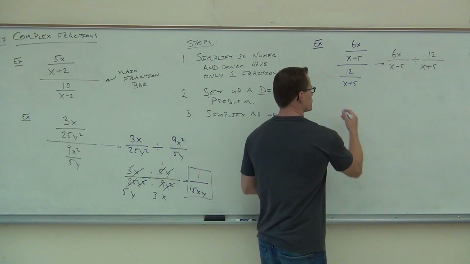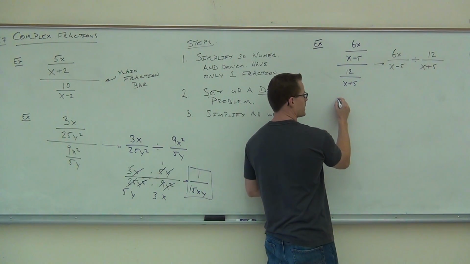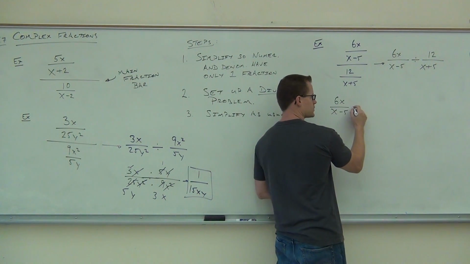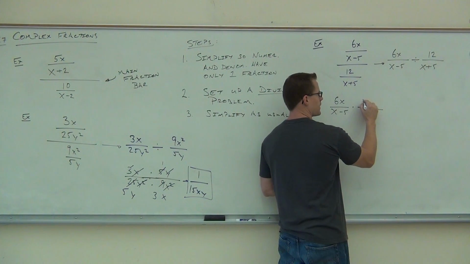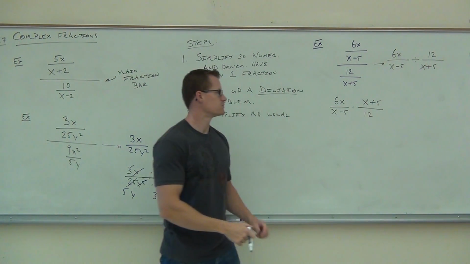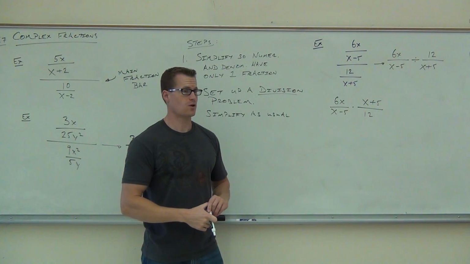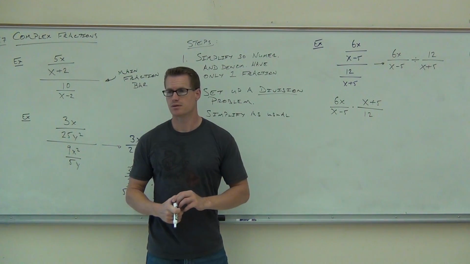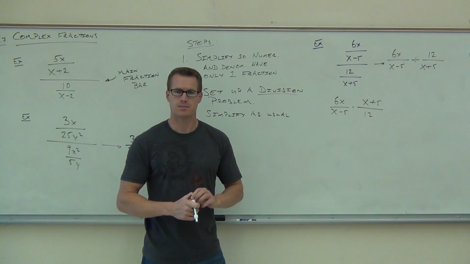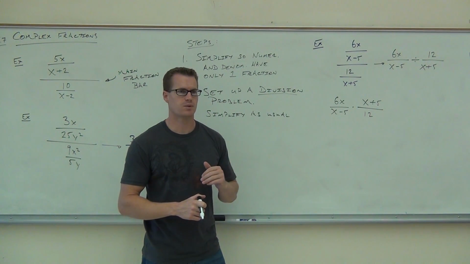So the 6x over x minus 5 stays the same. The division changes to multiplication. And the second fraction we get is x plus 5 over 12. Now that's something we've dealt with for a long time now. How do you do that one? Yep, and before we simplify things out, what are we going to do?